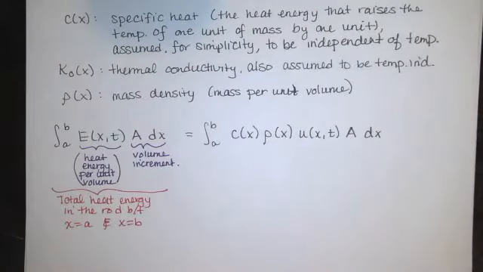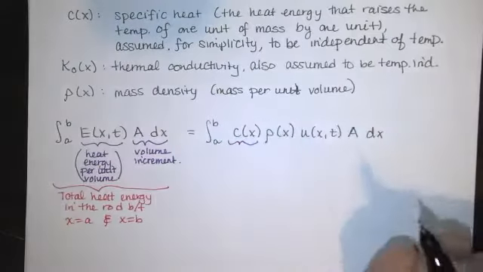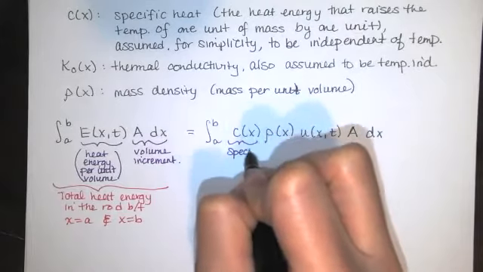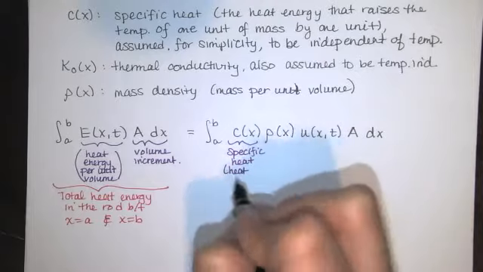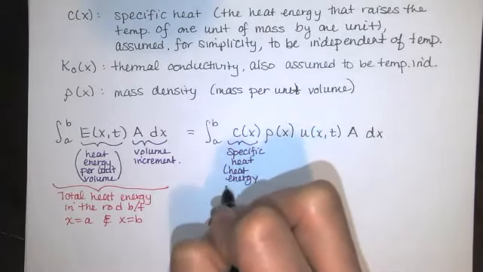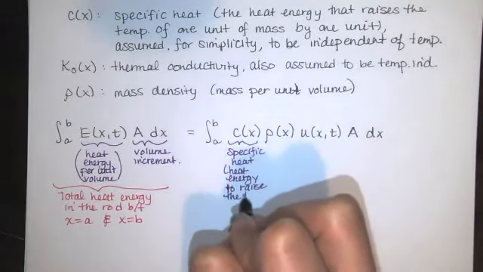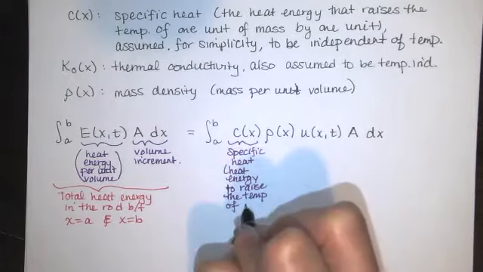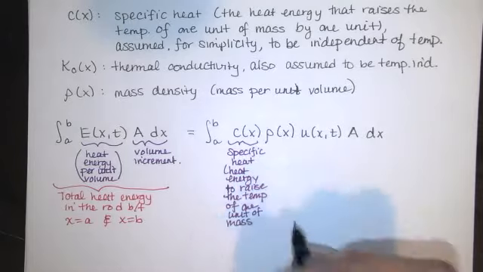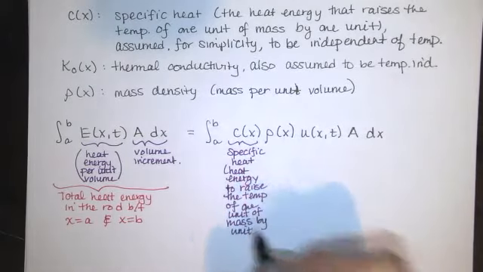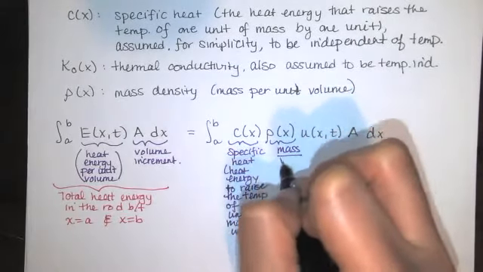Okay, so let's do a little dimensional analysis and make sure we've got the right units here. This is specific heat. This is heat energy to raise the temperature of 1 unit of mass by 1 unit, and that's of course of temperature. And this is mass density, so mass per unit volume.